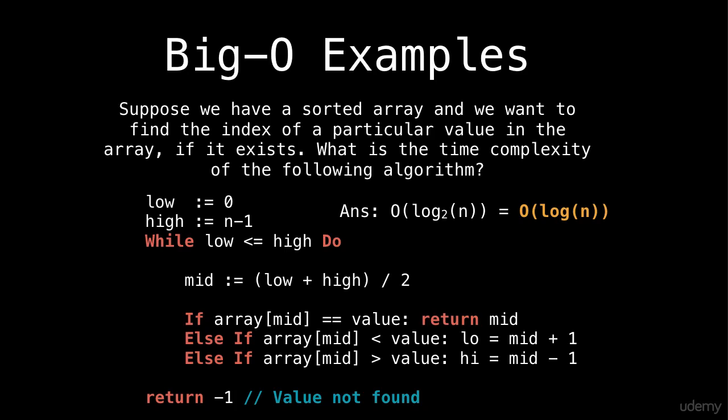What this algorithm does is it starts by making two pointers, one at the very start and one at the very end of the array. Then it selects a midpoint between the two and checks if the value we're looking for was found at the midpoint. If it has found it, it stops. Otherwise, it discards one half of the array and adjusts either the high or the low pointer.